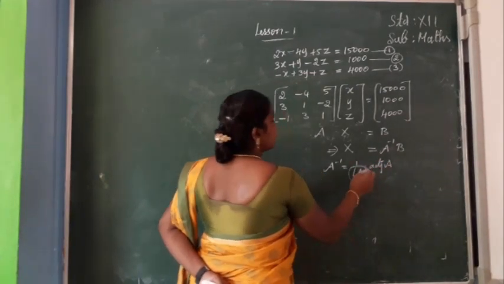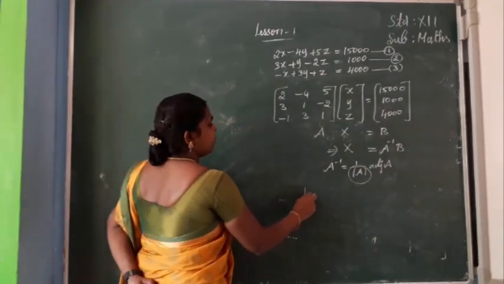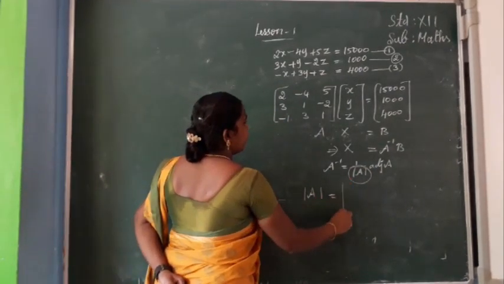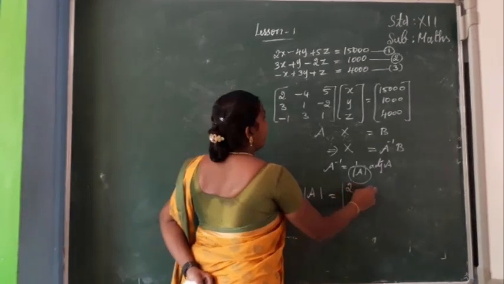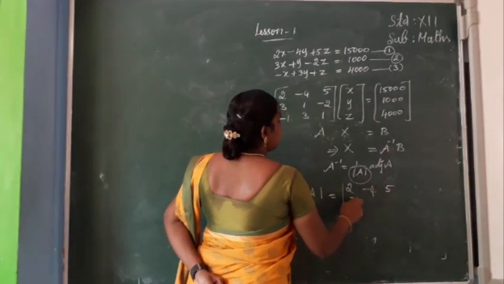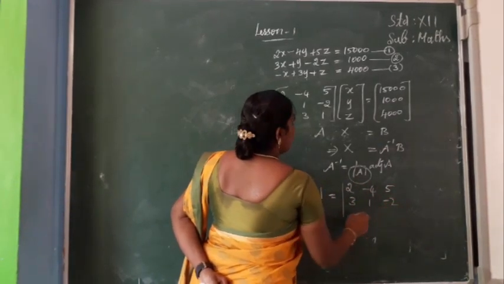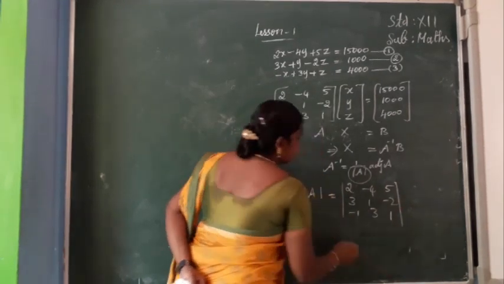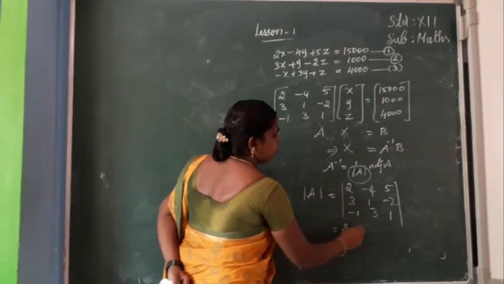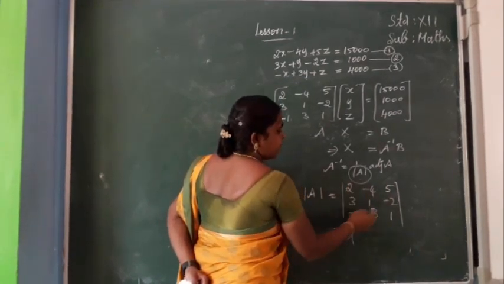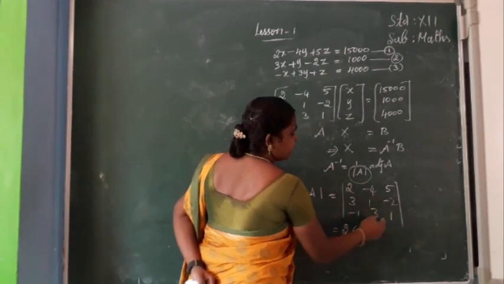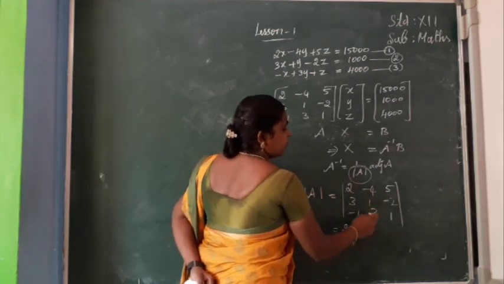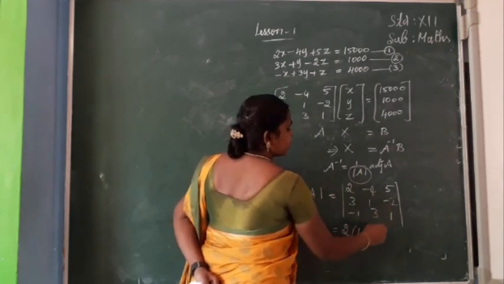So first you find determinant A. Determinant A equal to the determinant of 2, minus 4, 5; 3, 1, minus 2; minus 1, 3, 1. Now the first element 2 into the remaining elements: 1 into 1, plus 3 2s are 6.